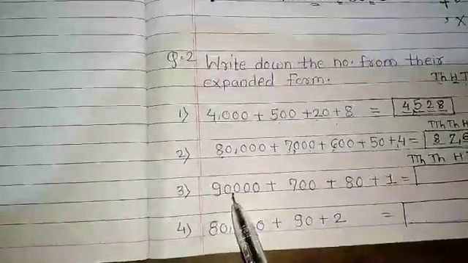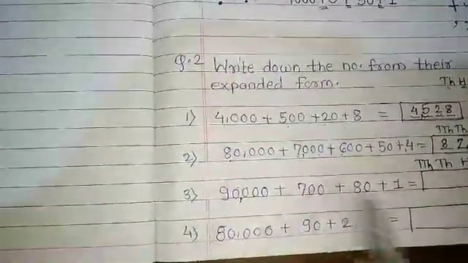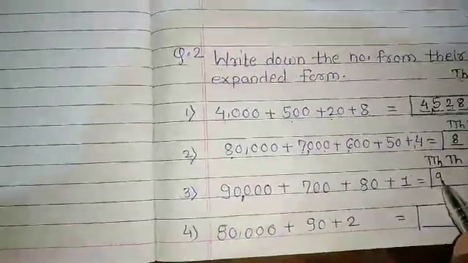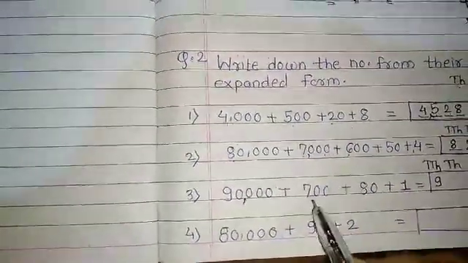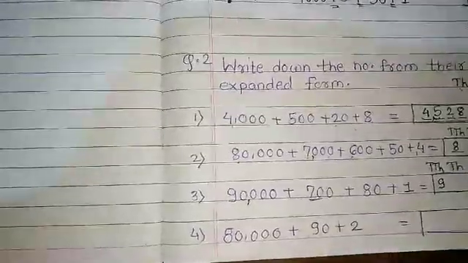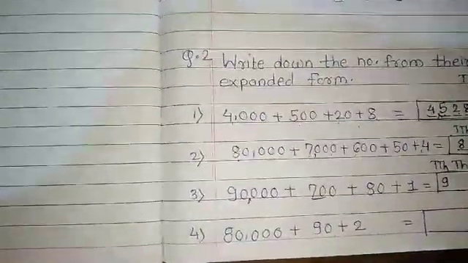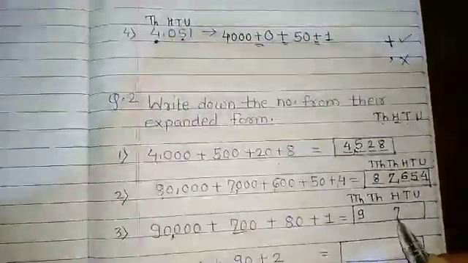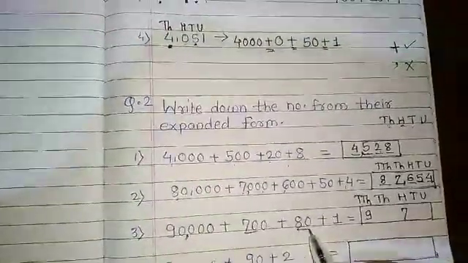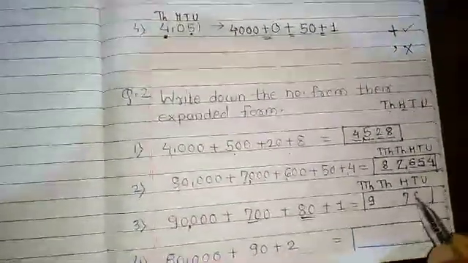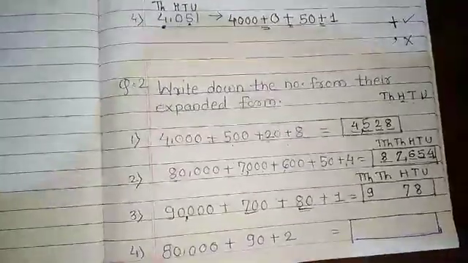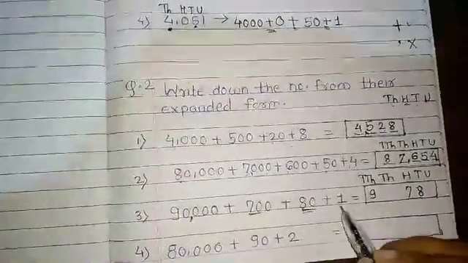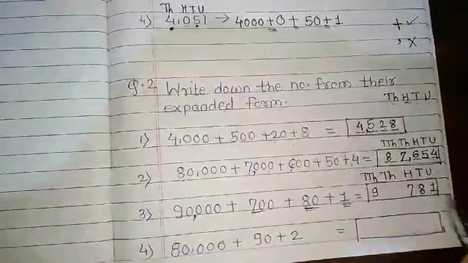What is this? 90,000. 90,000 means 9 is at 10,000 place. Next is 700, so at 100 place it is 7. Next is 80. 80 means 8 is at 10 place. 1 is at unit place.